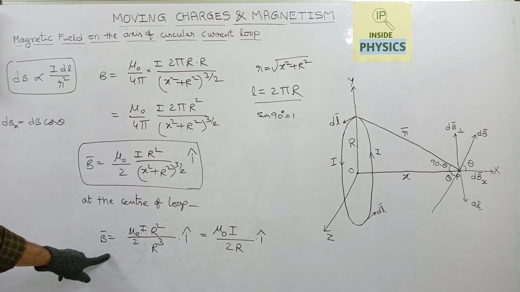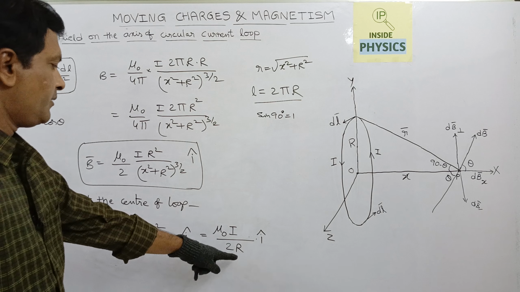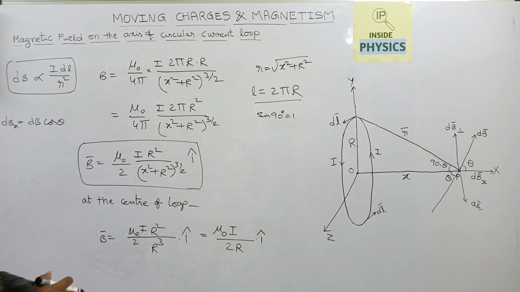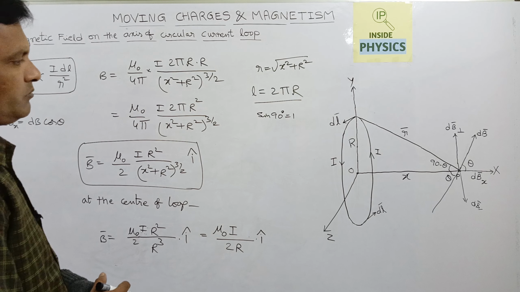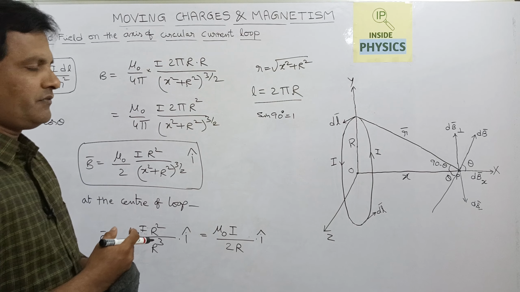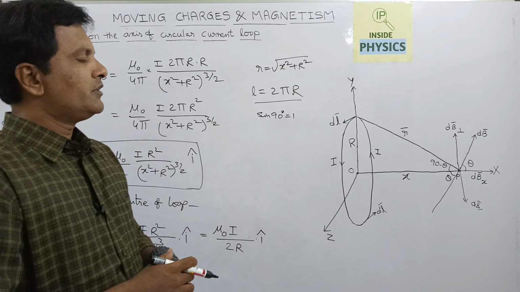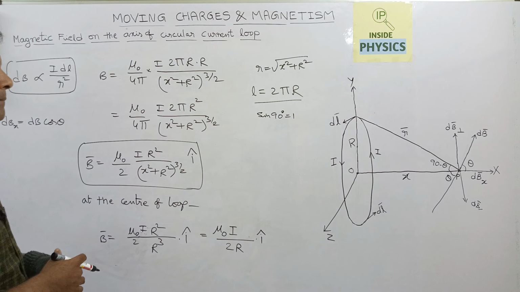So this is the magnetic field at the center of the loop, mu naught I by 2r. In this way we can derive the magnetic field due to a current carrying loop using the Biot-Savart law.